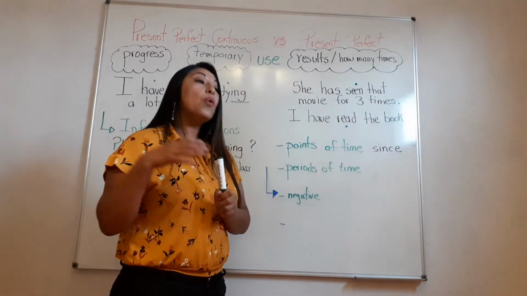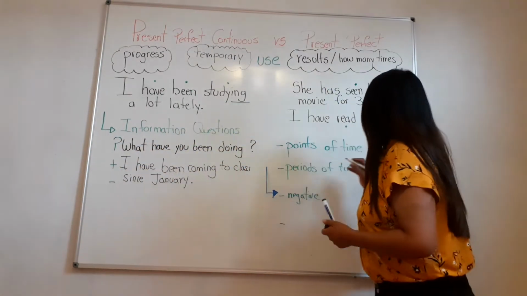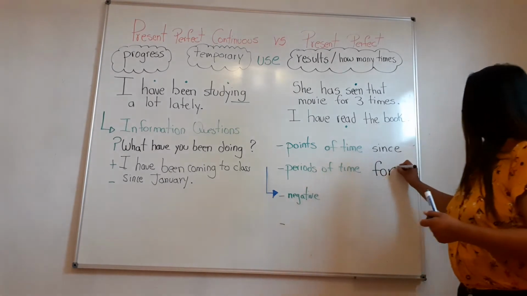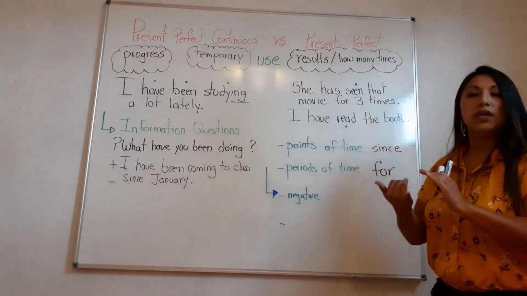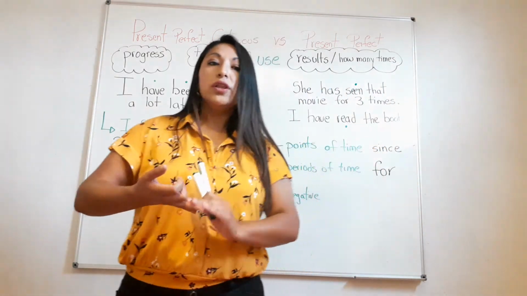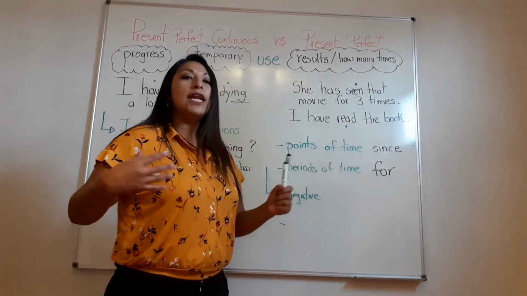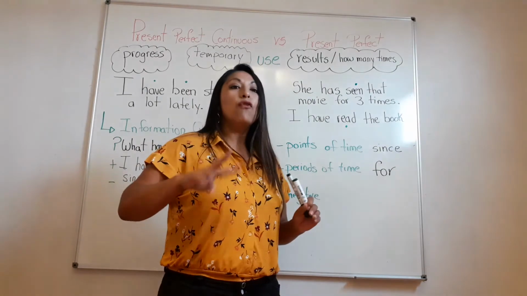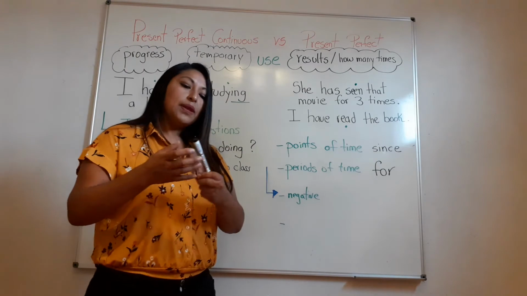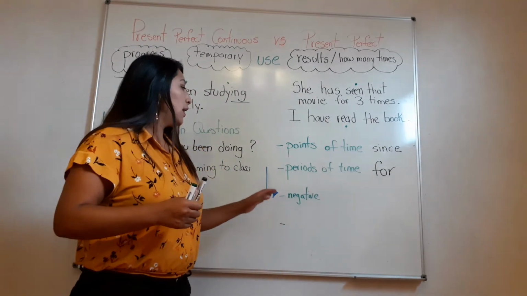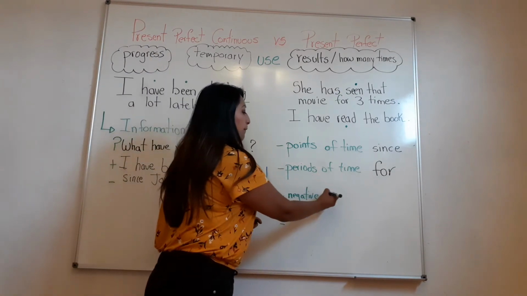But if you want to use periods of time, you should use the word for. Okay, here you should use for 3 months, for 2 days, for 3 years, like this. I have lived in Quito for 4 years. Okay, I'm using periods of time. If you want to use a period of time in a negative form, you can use the word in.